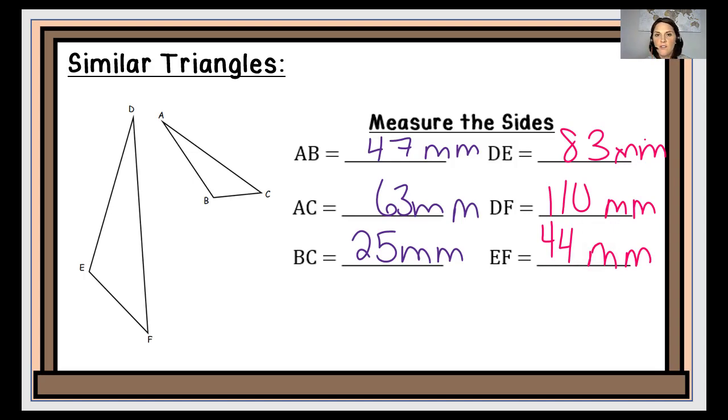Okay, once I've measured the other side lengths, I had AB was 47 millimeters, AC was 63 millimeters, and BC was 25 millimeters. Again, if yours is off by a millimeter in either direction, that's fine. DE was 83 millimeters, DF was 110 millimeters, and EF was 44 millimeters.